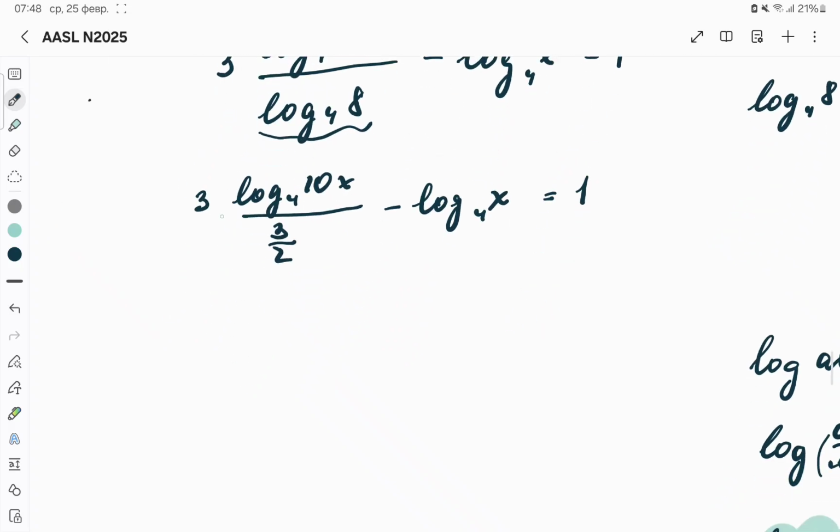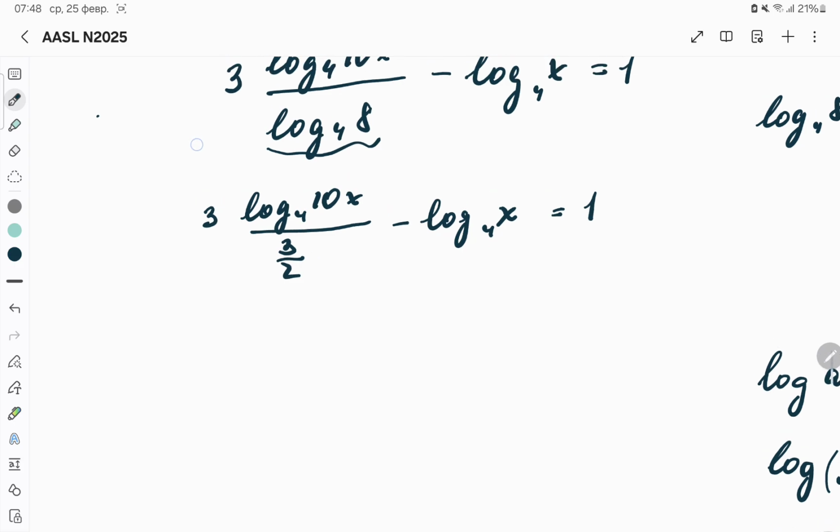Okay, now let's simplify. So we will have again 3 over 4 over 2, and it's 3 times 2 over 3 logarithm 10x base 4.